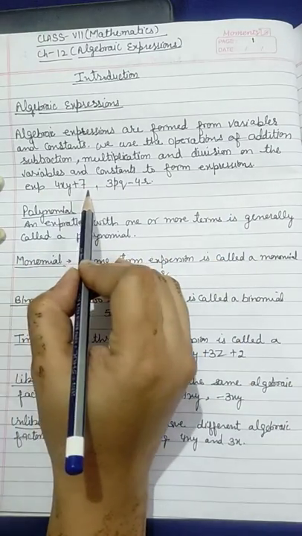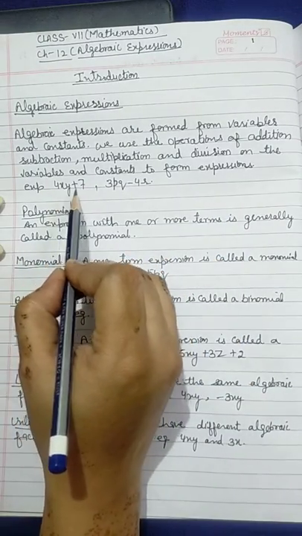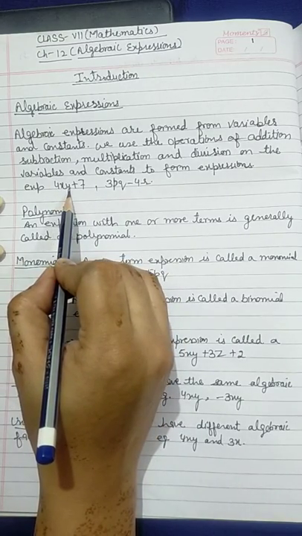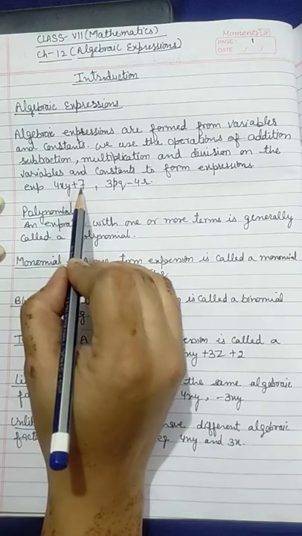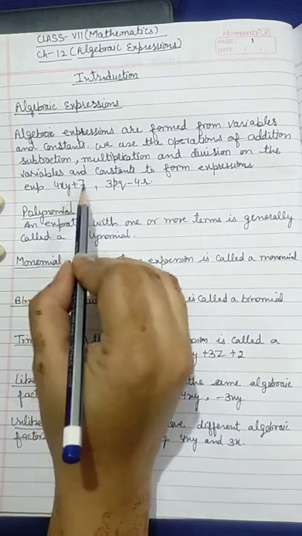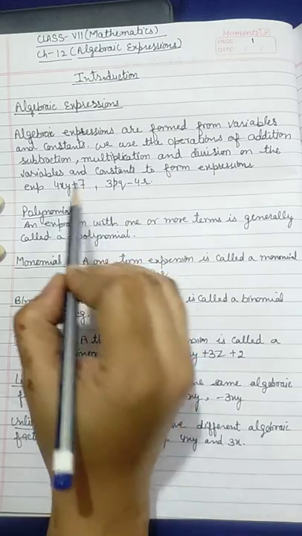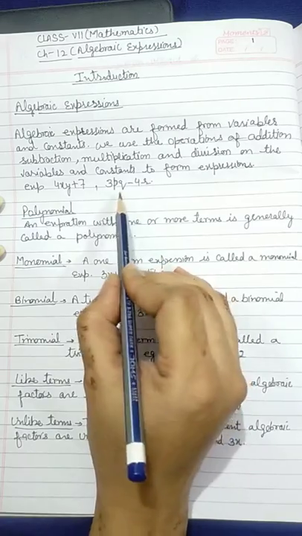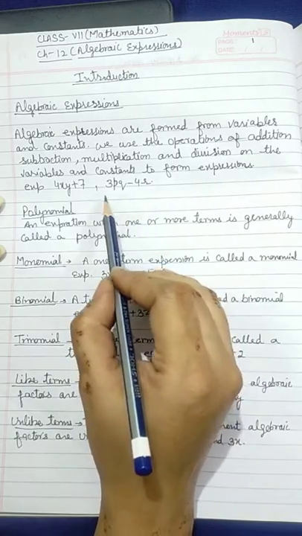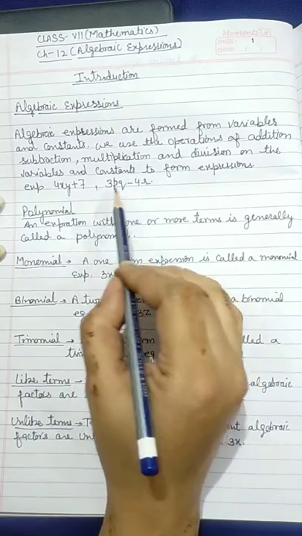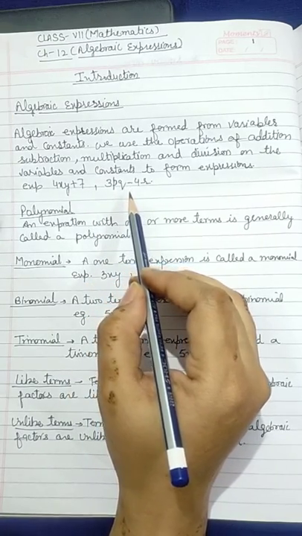See here, I have given an example, 4xy plus 7. Here x and y are variables, 4 is their coefficient, and 7 is alone, it is a constant. So this is an expression, because with the help of variables and constants we are representing an algebraic expression. One more example, 3pq minus 4r. These are examples of algebraic expressions.